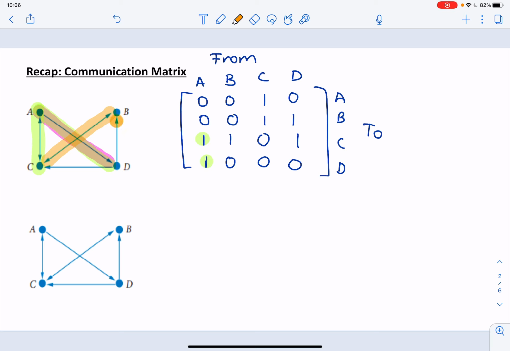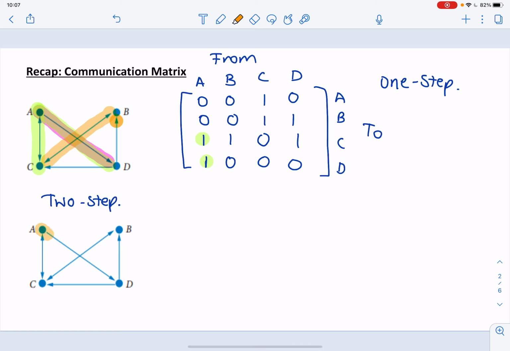This is called a one-step communication. So that means taking one step to get from A to B. Now the second example I'm going to run through is a two-step communication. So that means I can get from airport A to airport B, but I have to go via a stopover.